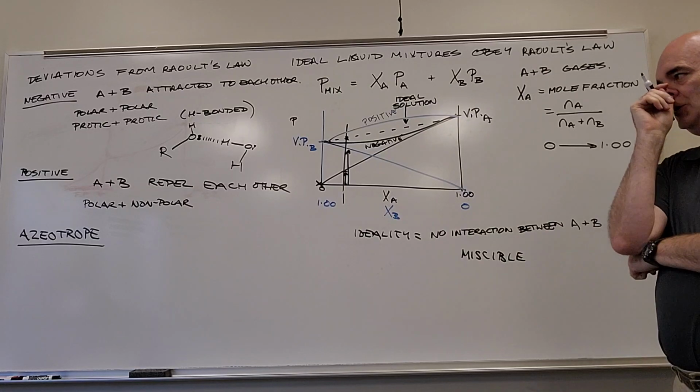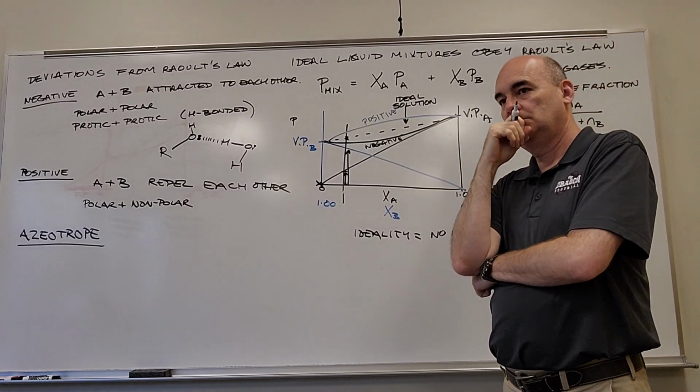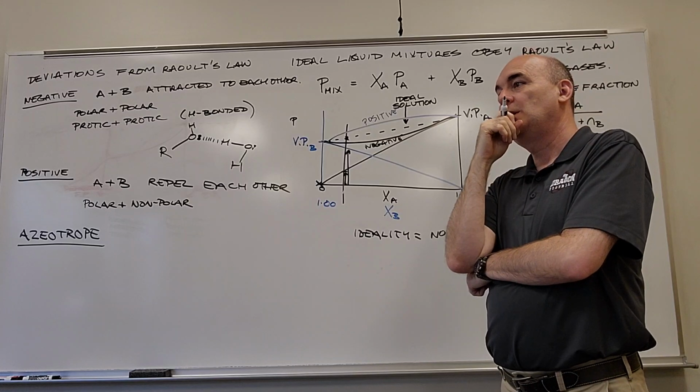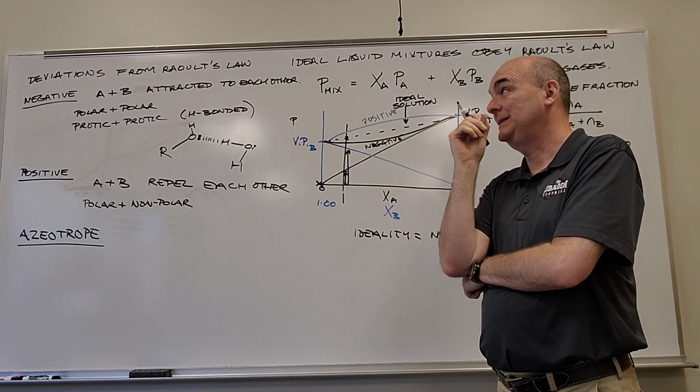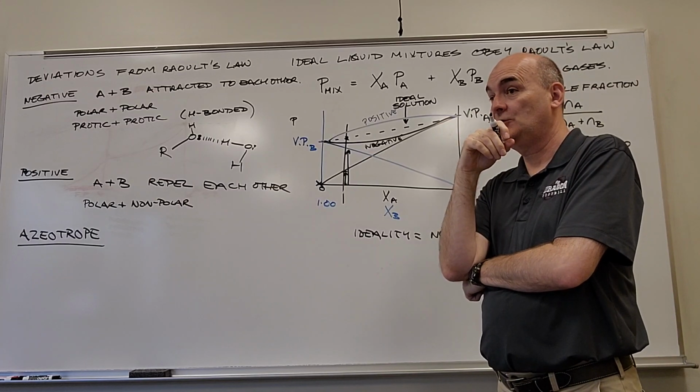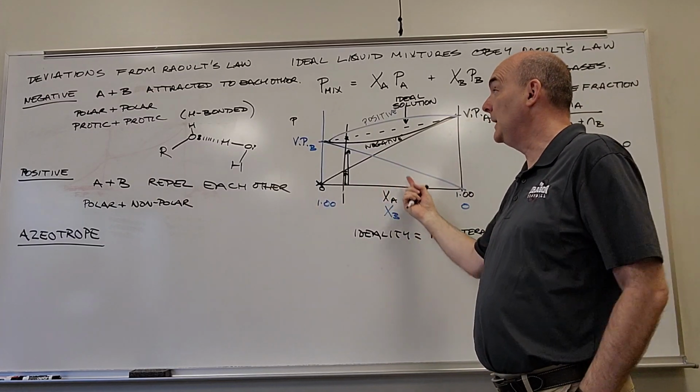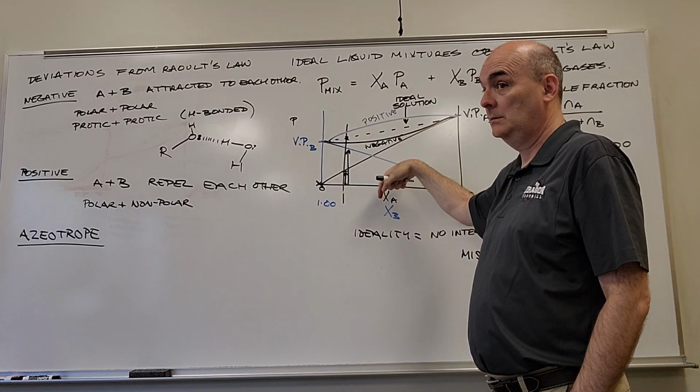Sometimes you mix two things together and they form a special deviation that's called an azeotrope. An azeotrope can be up or down.